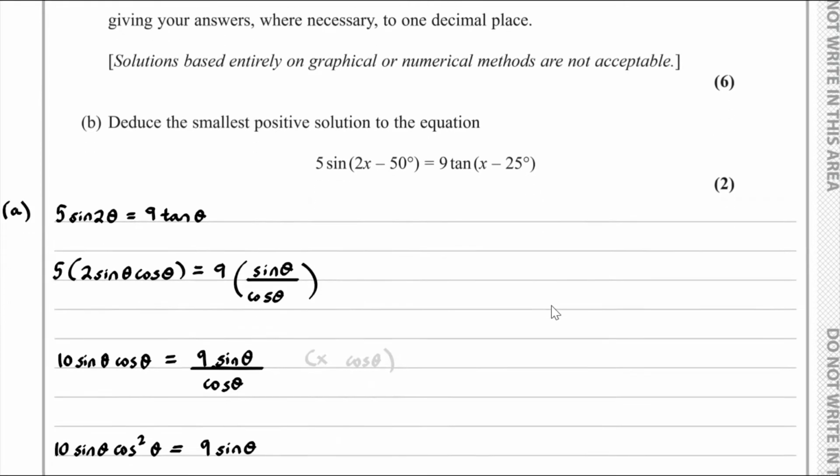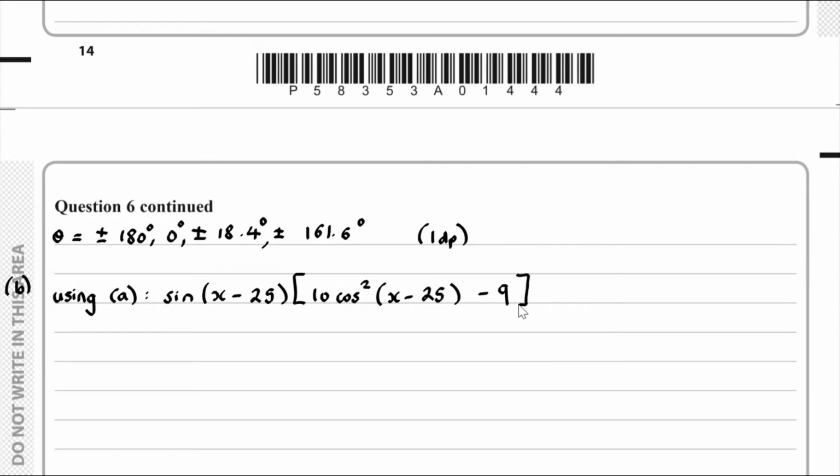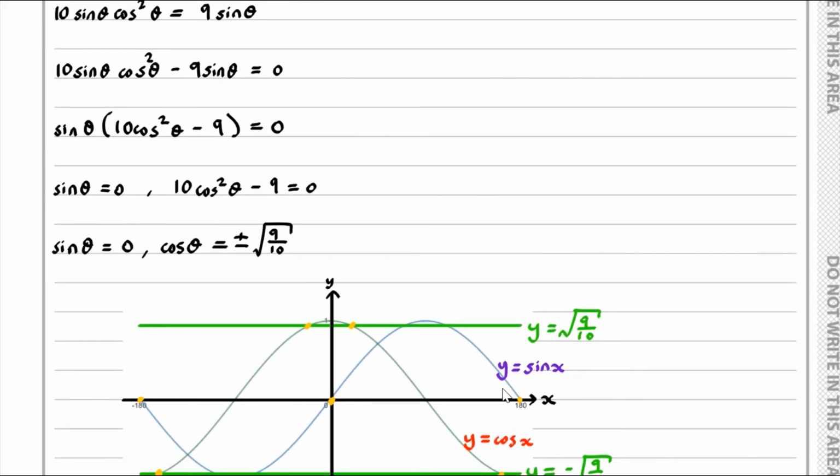So if we use part A, what we have over here is the sine of x minus 25, lots of 10 times the cosine of x minus 25 squared minus the 9, and this is equal to 0.